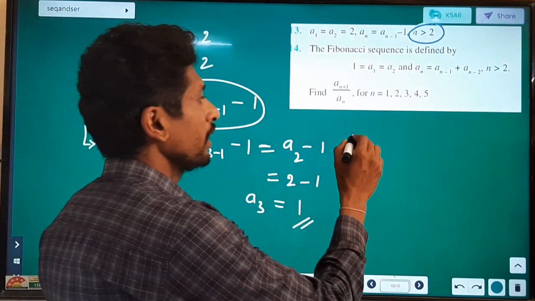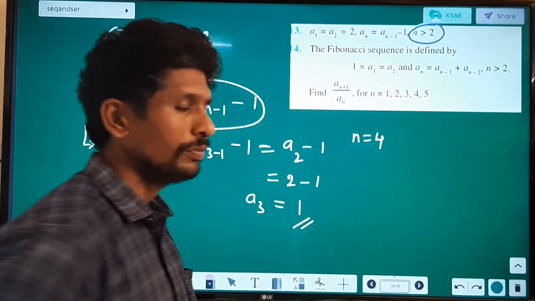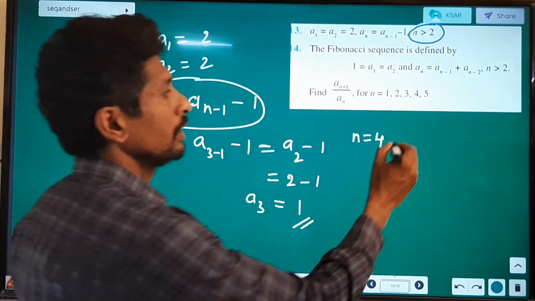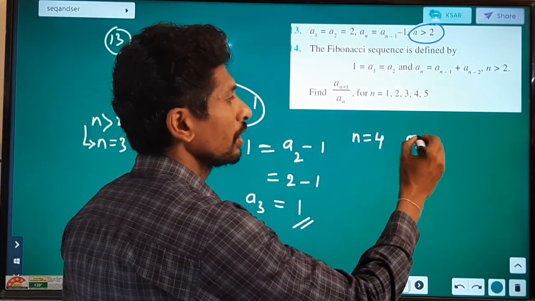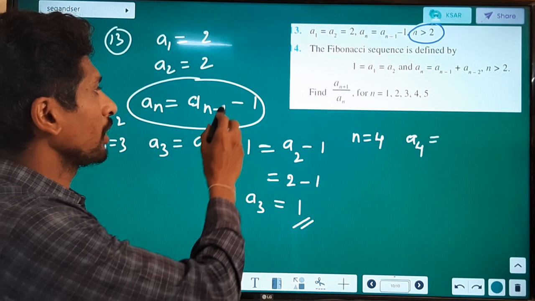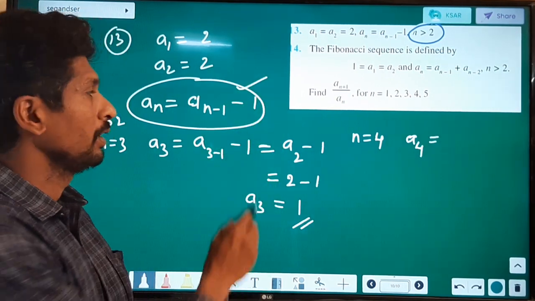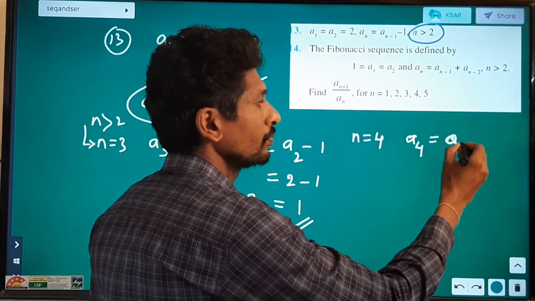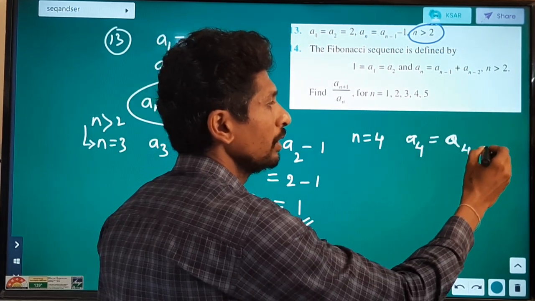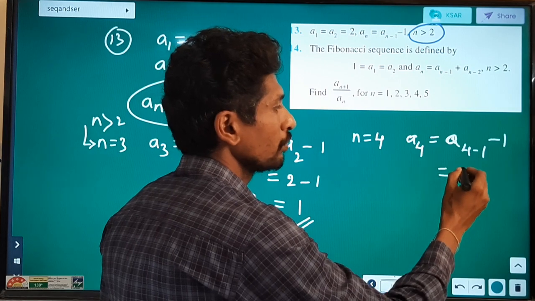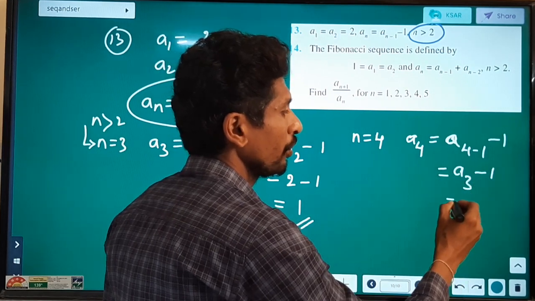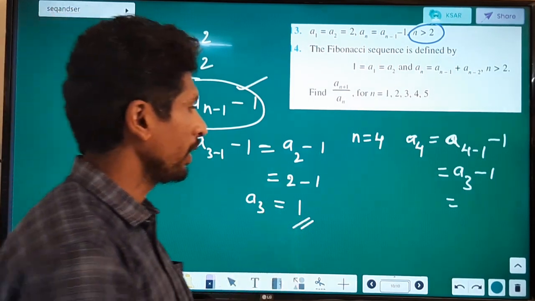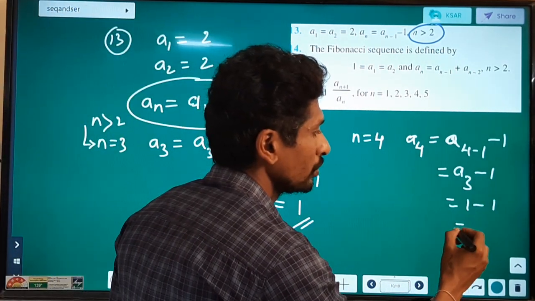Similarly, let us take n equal to 4, because when you take n equal to 4, automatically the fourth term comes. A4 is equal to A4-1 minus 1, so this becomes A3 minus 1. The third term we already know is 1, so 1 minus 1 becomes 0.